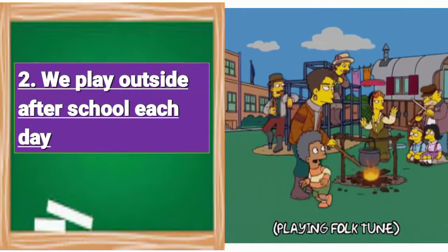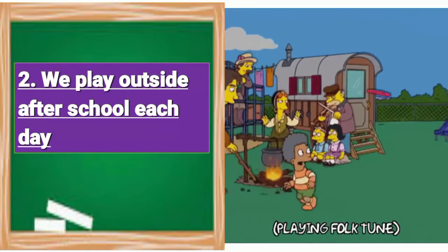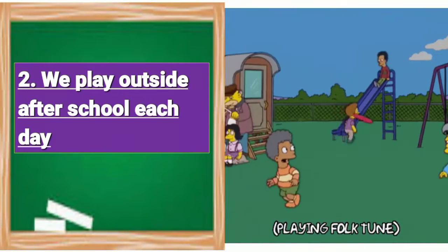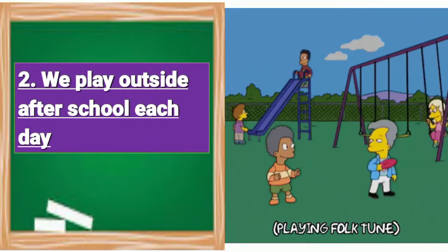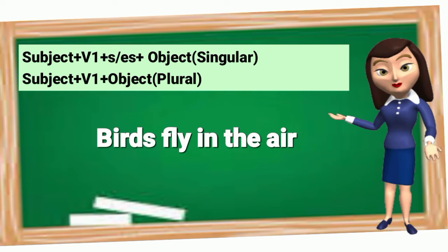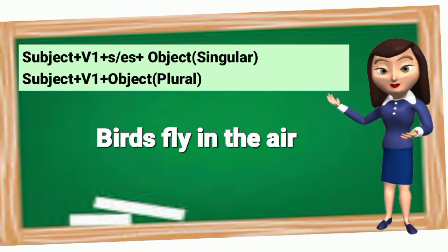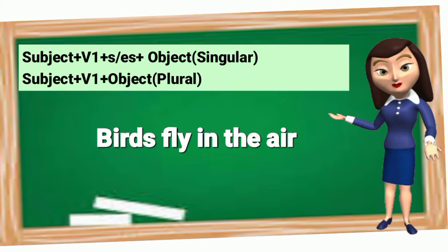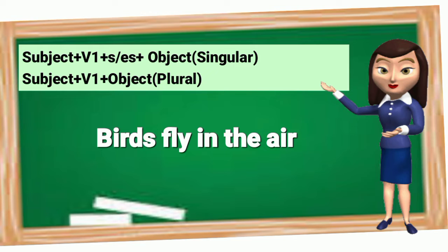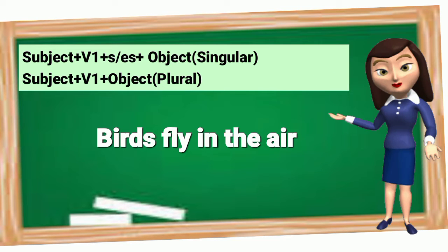Aside from that, every tense has a rule for forming a sentence. These are the rules of simple present tense in forming a sentence. The rules are: subject plus V1 plus ES or S plus object, that is singular.